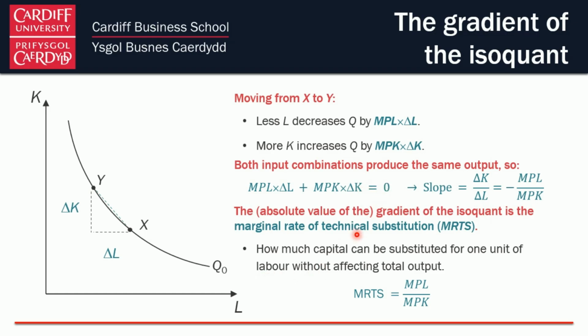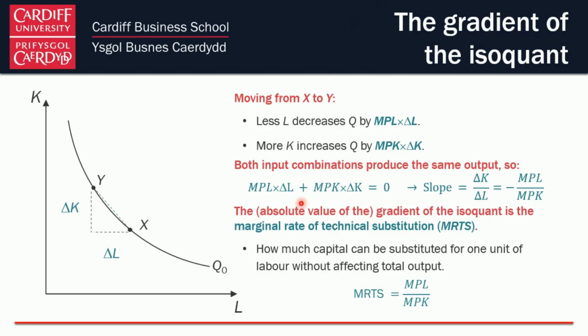Now, if you look at the slope of this curve, look at this triangle. The slope essentially would be what? The vertical divided by the horizontal. Vertical would be delta K, horizontal would be delta L. So the slope essentially would be delta K over delta L. From here, you can maybe pause the video.